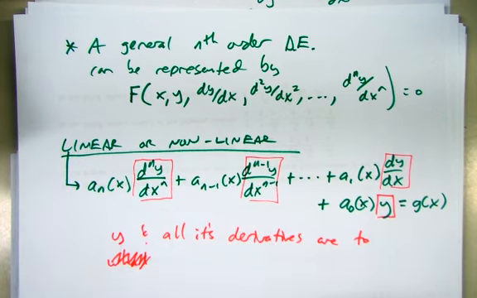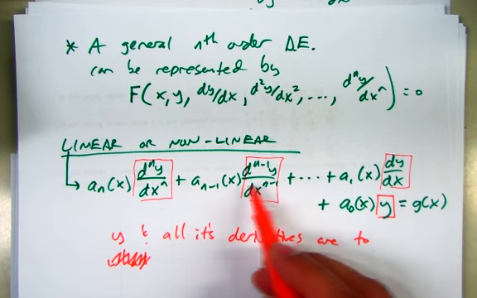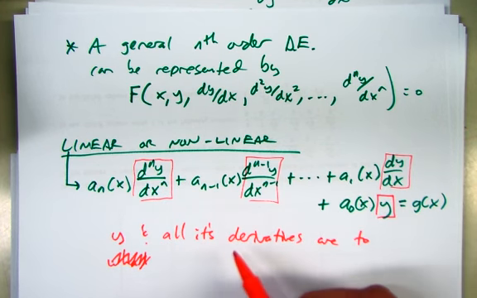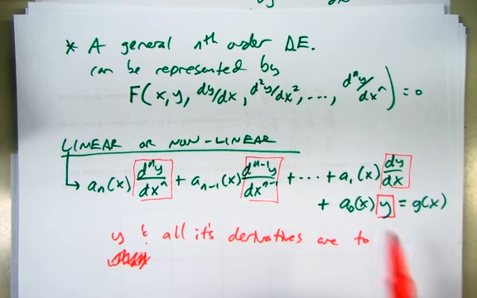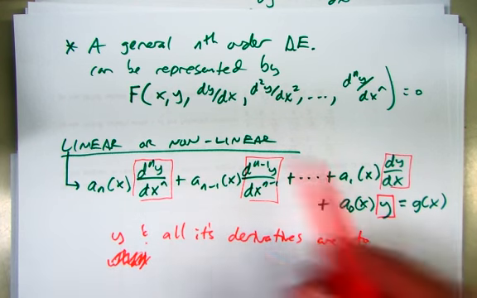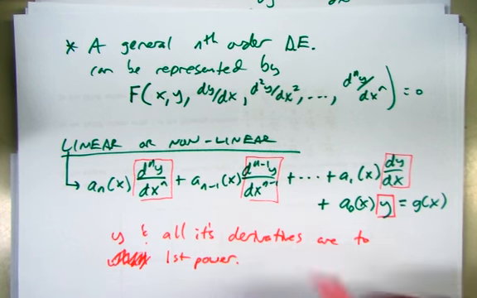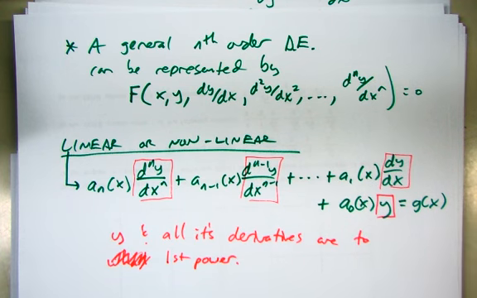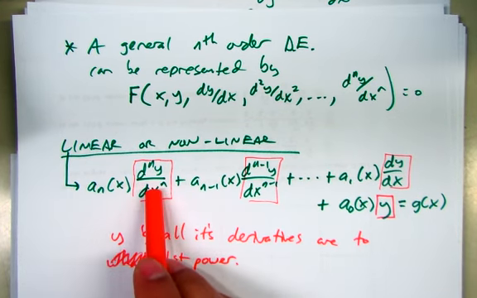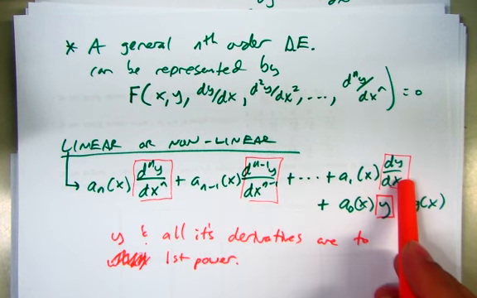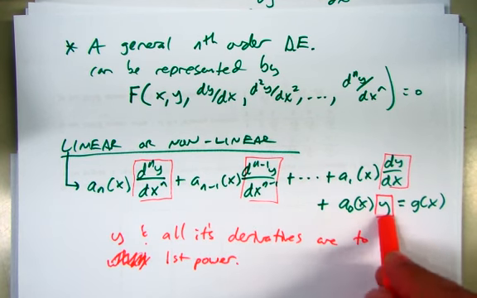What exponent do you see attached to all these? That's the order. 1. Which is analogous to what you did in algebra, right? If the variable has an exponent of 1, we say it's linear. Just now it looks a little bit crazier. So this derivative is to the first, so is that one, and all the ones in between, and the dependent variable is also to the first power.